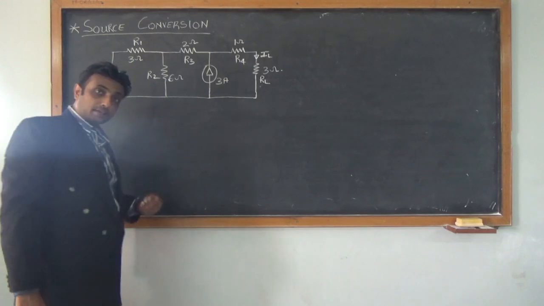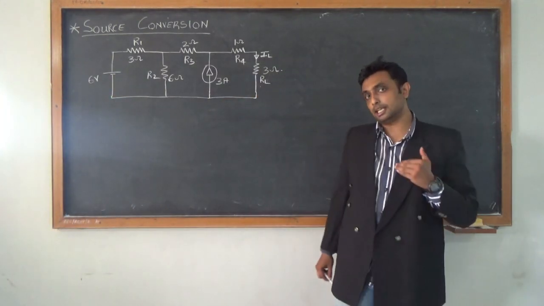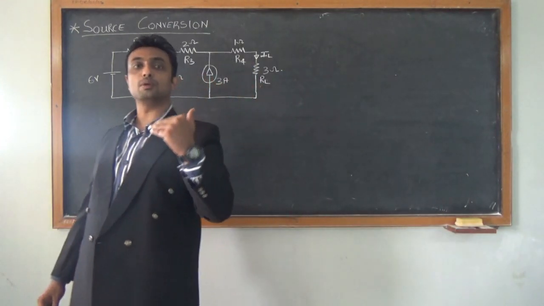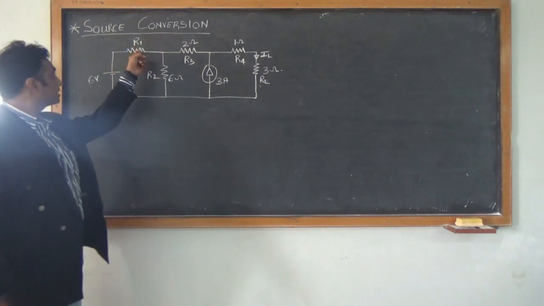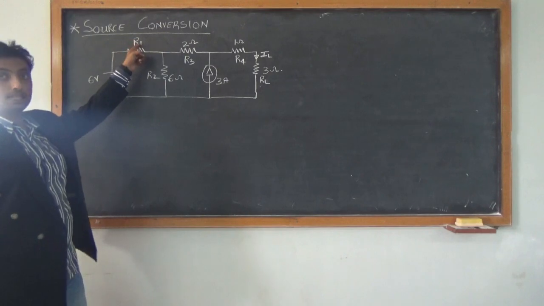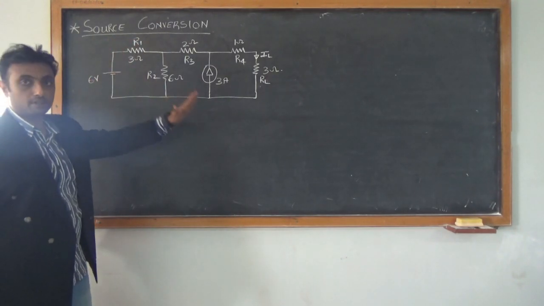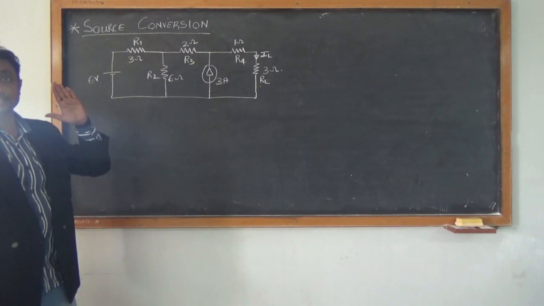Now, going back to the source conversion technique. We have learned that we can convert a voltage source to a current source if there is a resistor in series with the voltage source. If the resistor is in parallel with the voltage source, we cannot convert it to a current source. But if it's in series, we can convert it.